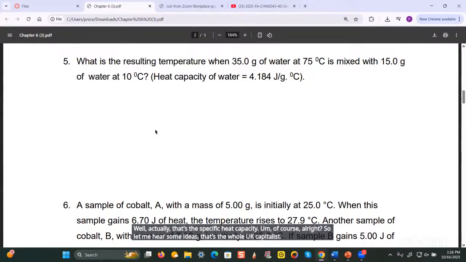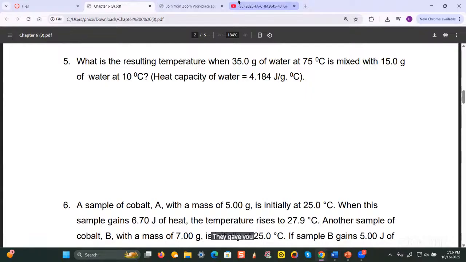They gave you in this question 35 grams of water at 75 degrees Celsius and 15 grams of water at 10 degrees Celsius, all right? And then you're going to mix them, right?